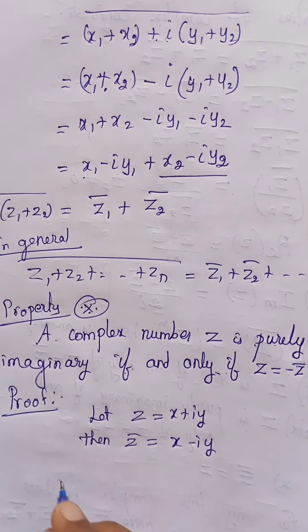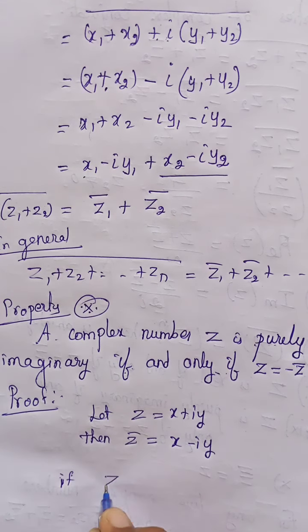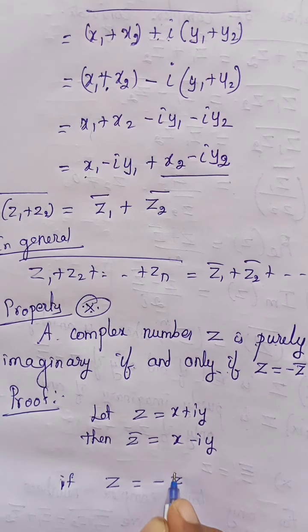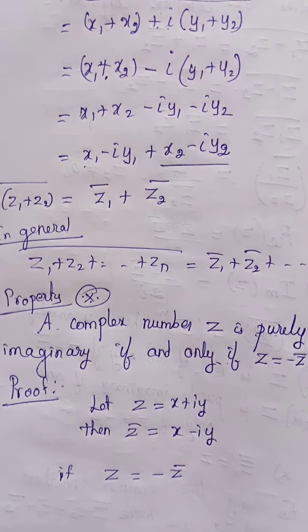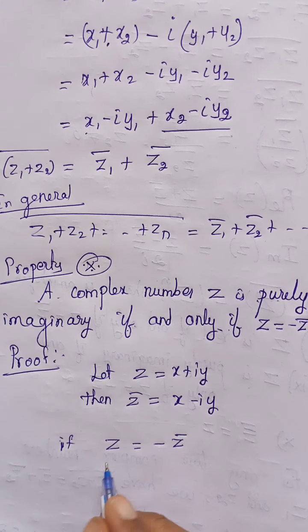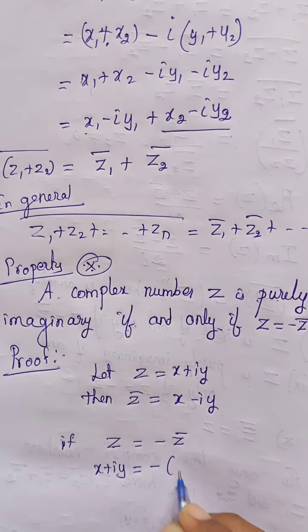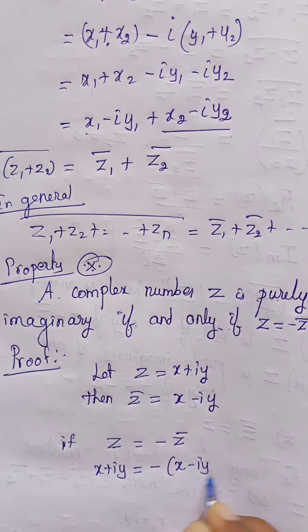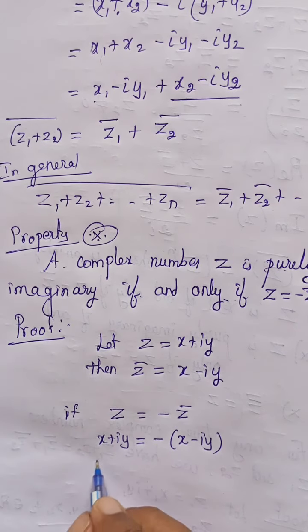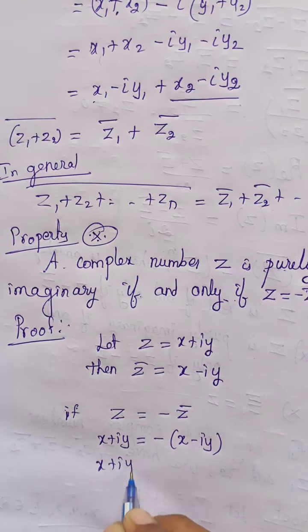First I am taking z equal to minus z bar. This is x plus iy equal to minus (x minus iy). Give the minus inside: x plus iy equals minus x plus iy.